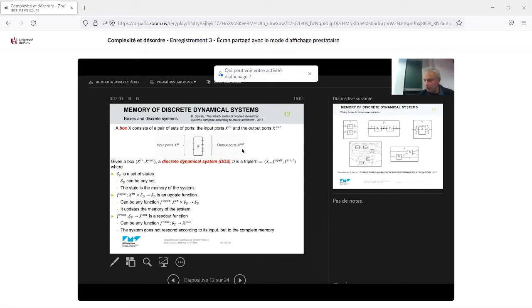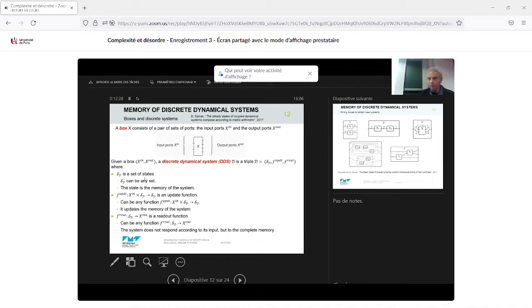So given a box specified by these two sets, a discrete dynamical system is a triple: S and XD, an update function, and a readout function. So S and XD is the set of states, and the state is the memory of the system. In the theory, S and XD can be any set.